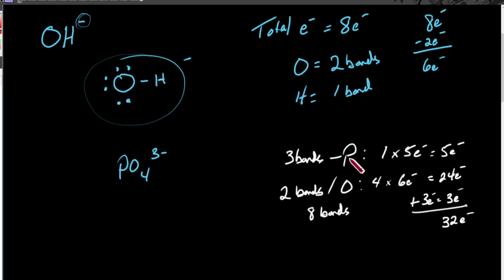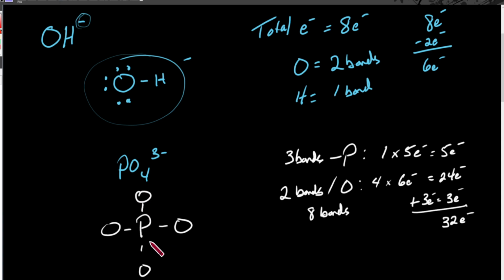So we know that there's 4 oxygens, and phosphorus only makes 3 bonds, though. But this says 4, so we've got to have a 4th one.